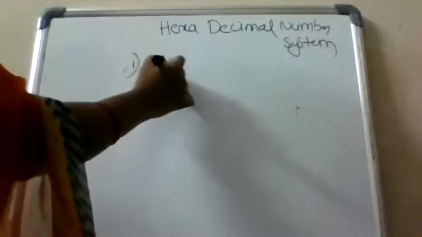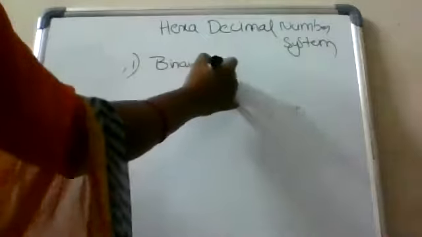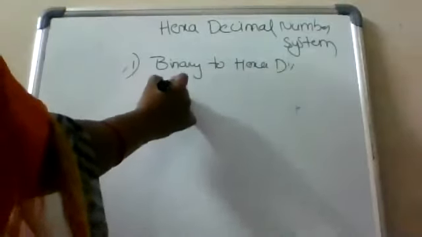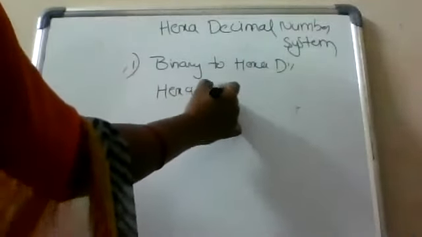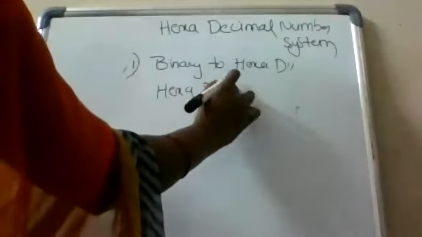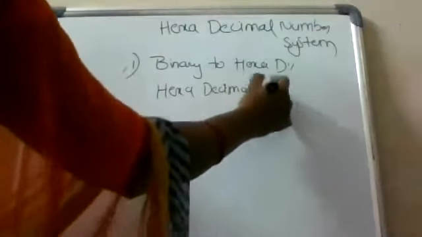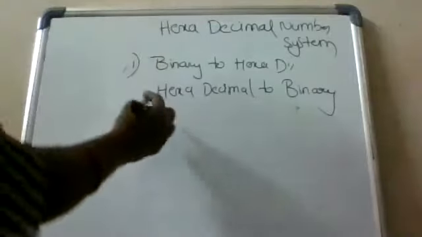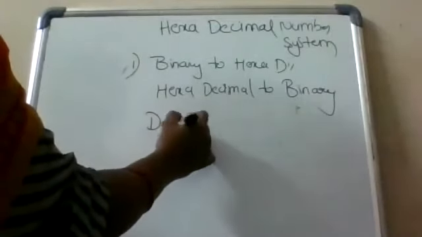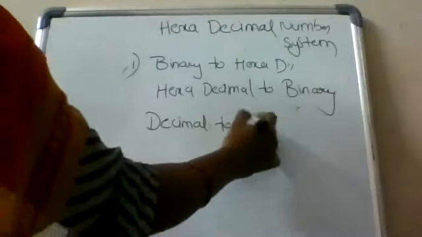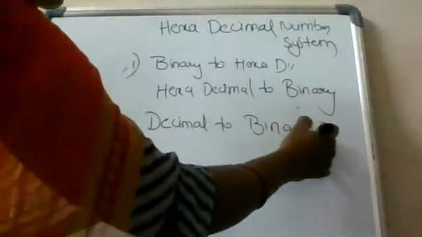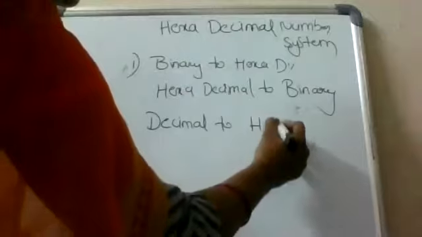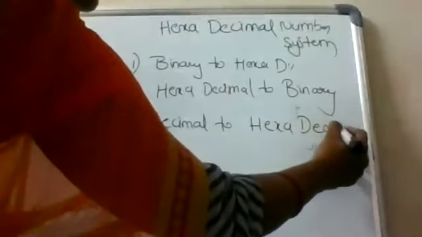First one is binary to hexadecimal. Next, hexadecimal to binary. And decimal to hexadecimal.